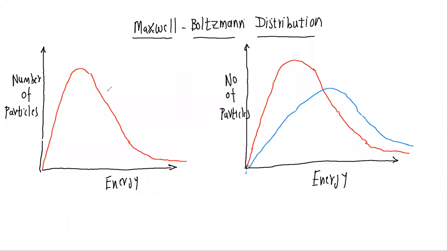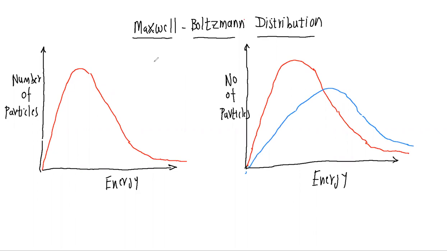So today we are going to look into a very important and very interesting topic, that is the Maxwell Boltzmann distribution. First, let's try to understand what these graphs are telling you, or what this distribution is all about. It's very simple.